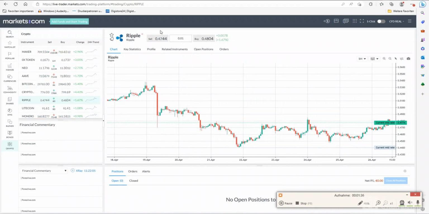If you want to buy one Ripple, you need 0.4744 cents. And in crypto, to explain how many points beyond the comma, normally they're counting like 8 figures beyond the comma, and the smallest amount is a Satoshi. That comes from the name Satoshi Nakamoto, the founder of Bitcoin.